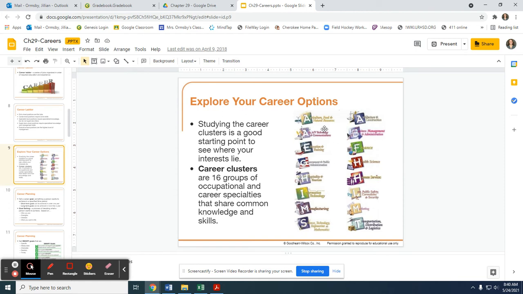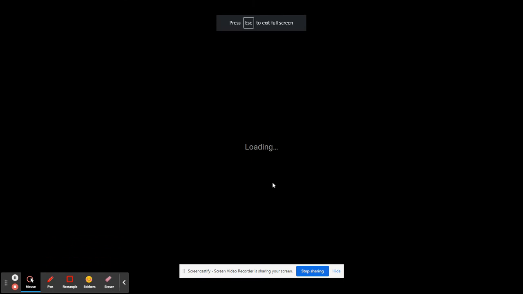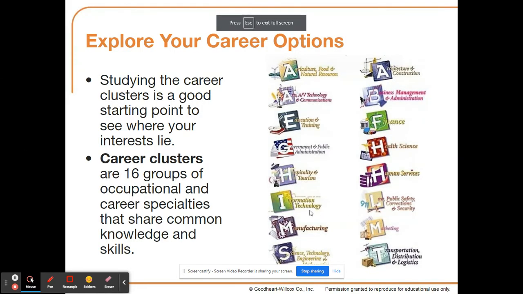So, the career clusters are agriculture, food, and natural resources. It's technology and communications, education and training, government and public administration, hospitality and tourism. I'm going to actually blow this up so you can see it a little better, so I can see it a little better too.